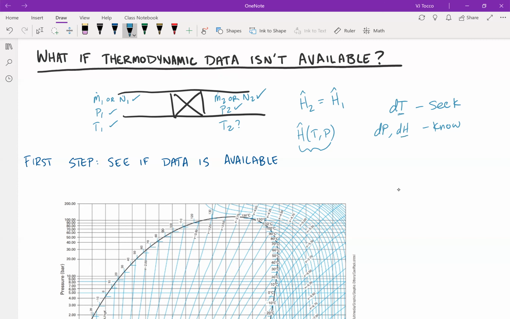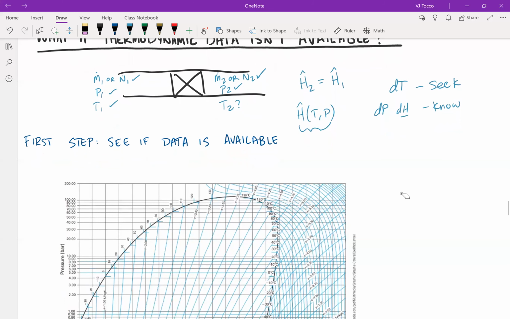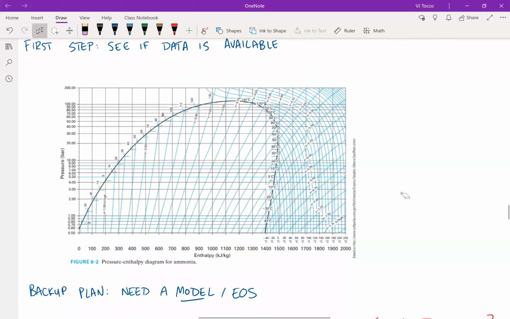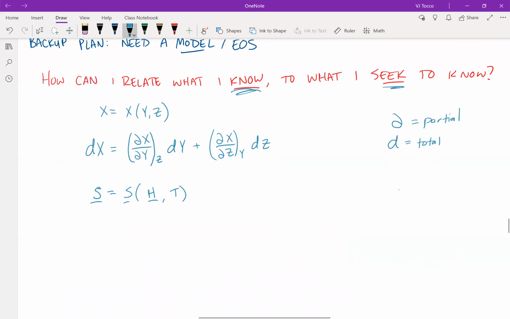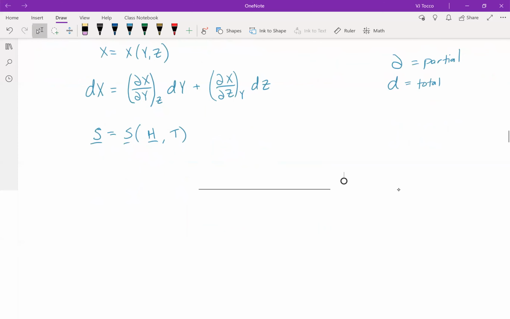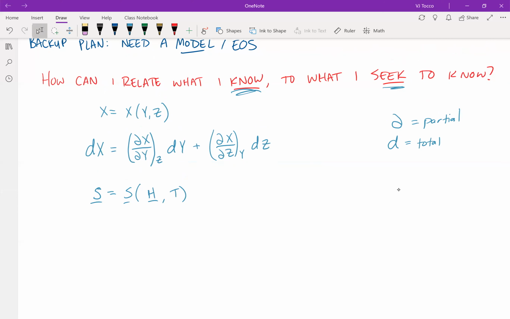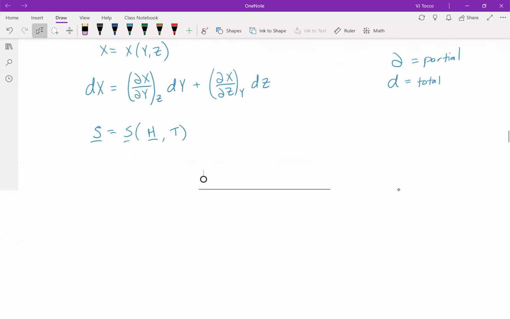All right, so I'm going to relate what I know, P and H underbar. I shouldn't have done that because now it looks like T underbar. T and P don't need underbars. Relate what I know to what I seek to know. Okay, so I'm going to say that T is X, H is Y, and P is Z. I'm just going to apply that equation for this situation.